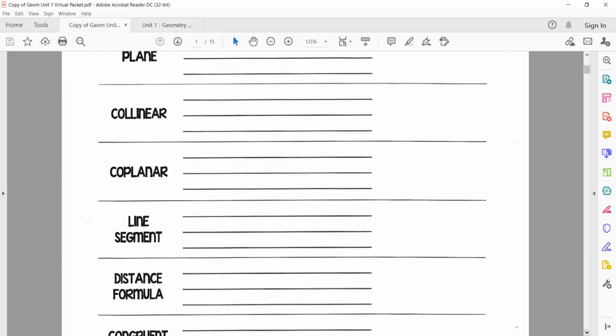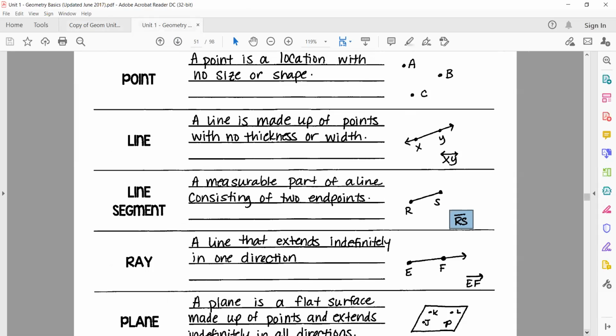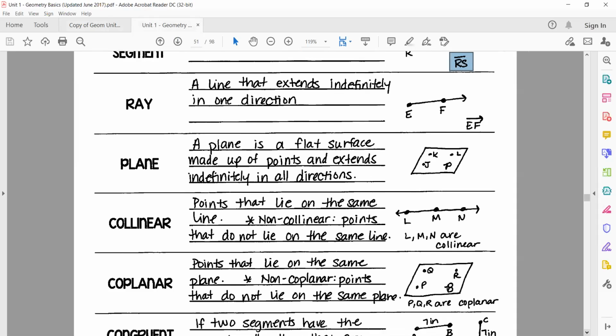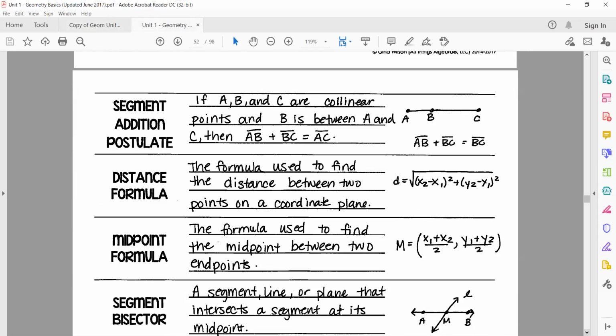The next thing on here, distance formula. This is one of those formulas that you will see used quite often in a lot of different situations.